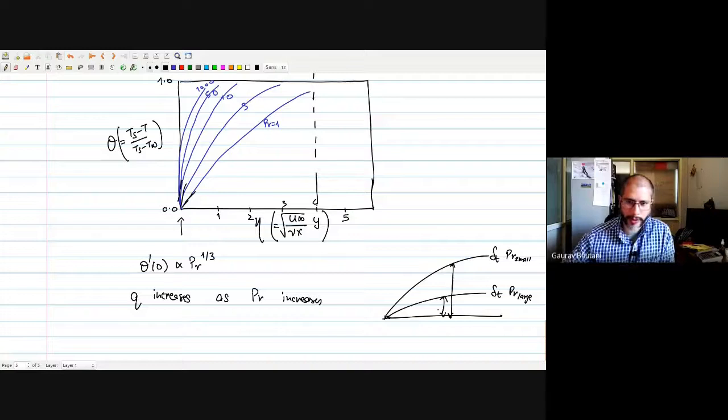So this completes our discussion on the flat plate thermal boundary layer solution. If I do a very quick recap of what we've done, we have always stayed in the laminar flow regime. We still haven't talked about turbulent flows.